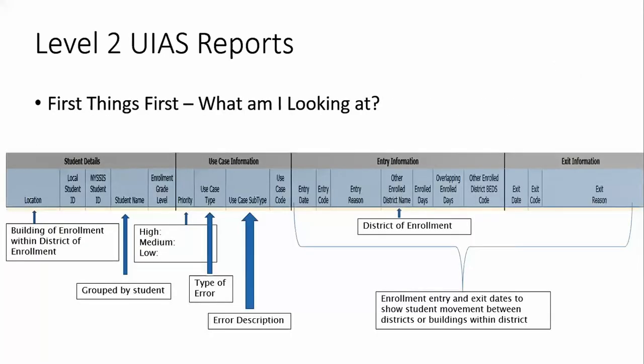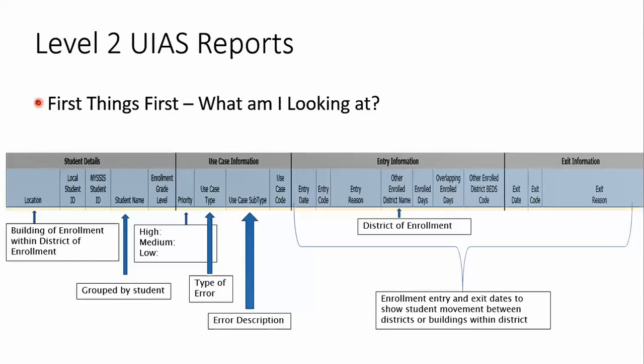But first, let's take a look at the header for the detailed reports. UIAS reports for all use case types will have the same header record. The specific use case type that you are reviewing will have an impact on what fields you may need to look at and the order in which you want to look at the details.